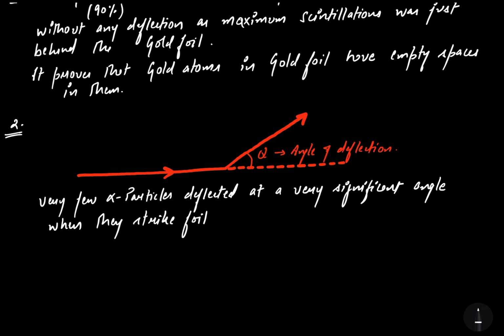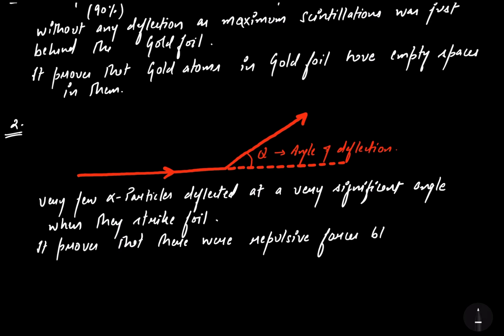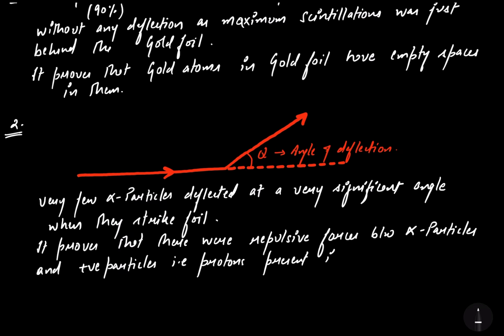What does this infer? It proves that there were repulsive forces between alpha particles and positive particles, that is protons, present in gold atoms.